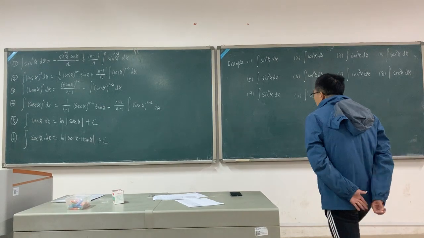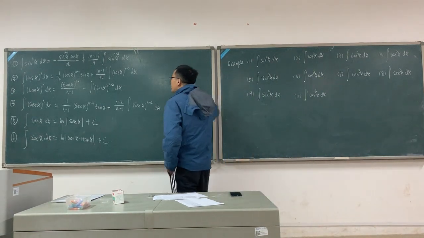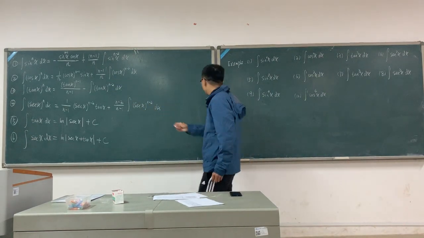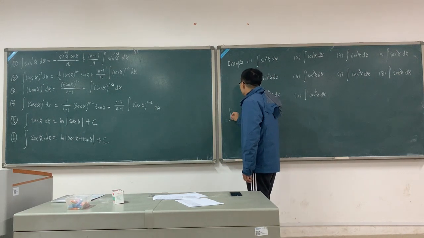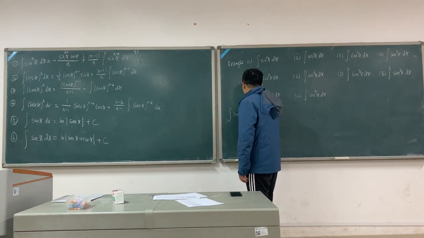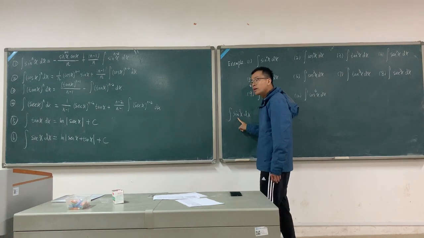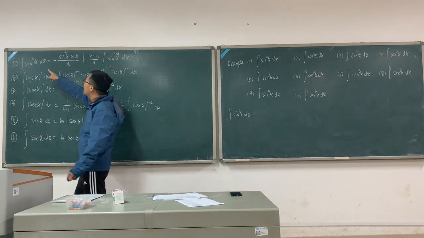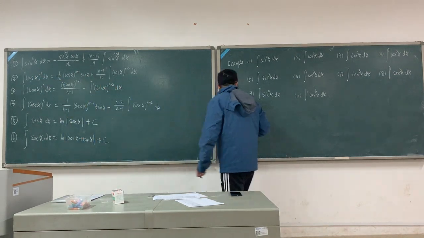No, see, okay. So for number one, here we use the number one formula, yeah? So here is the integral of sin x squared dx, okay? Here let n equal to 2 in the first formula.